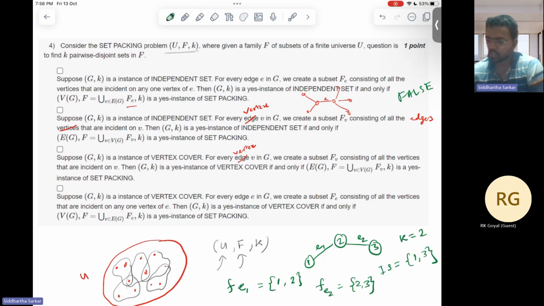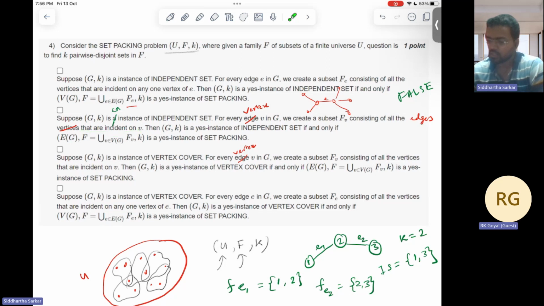Now let's look at the next one. I have picked the typos in the next one. So suppose G comma K is an instance of independent set. For every vertex in the graph, create a family consisting of all the edges that are incident on it.